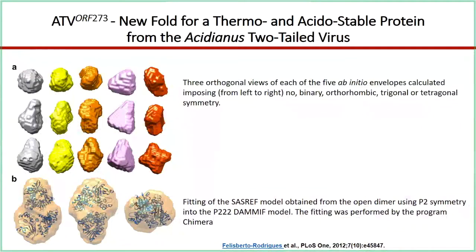So usually a virus depends on the host cell and the machinery therein to build itself, but this can actually grow. And this protein called ATV ORF273, the open reading frame 273, was suspected to be one of the proteins that helped in building this tail extracellularly.